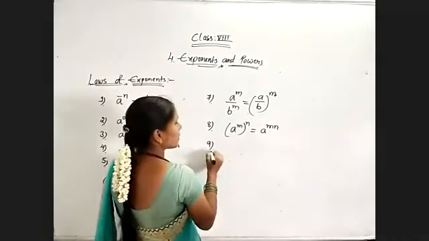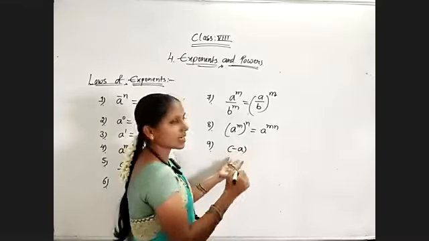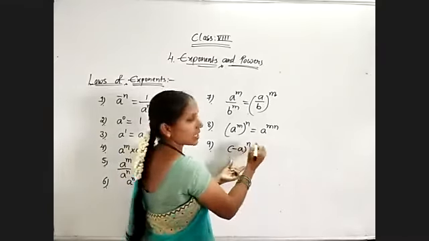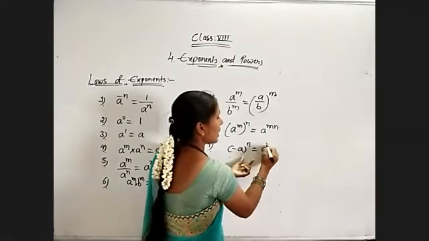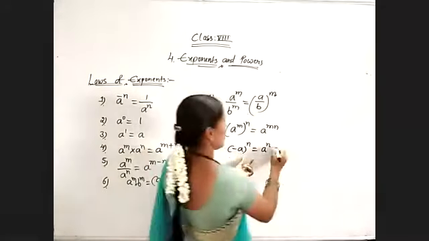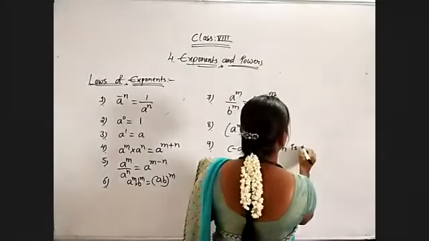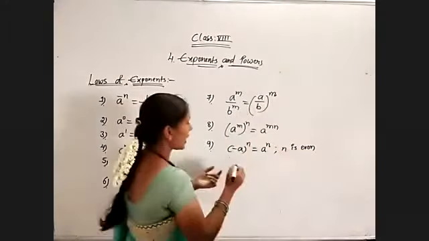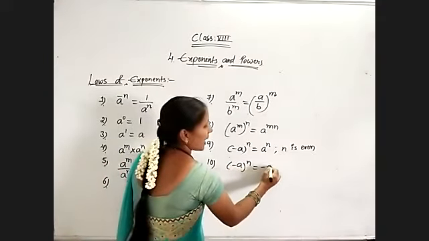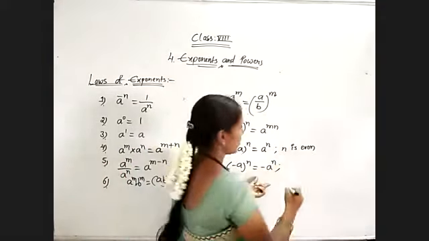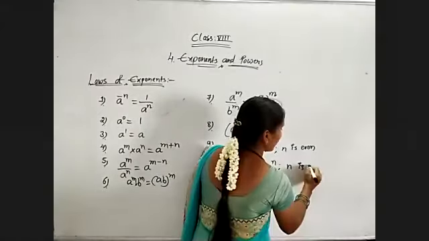And again we have studied minus a when base is negative and some power is there. If that power is an even number, then we will get plus a to the power of n when n is even. And if n is an odd number, then we will get minus a to the power of n. So when n is odd number.